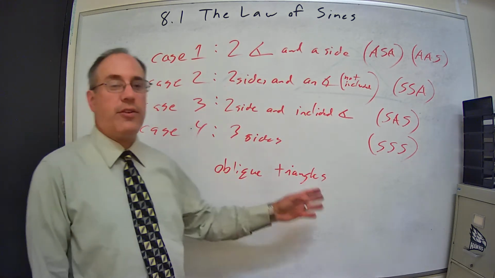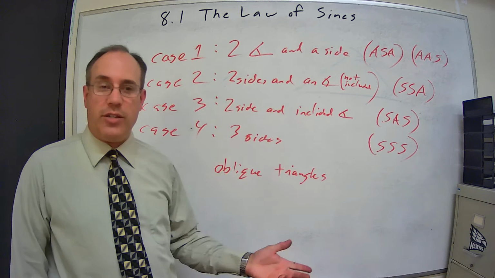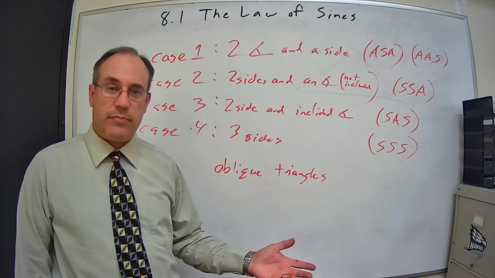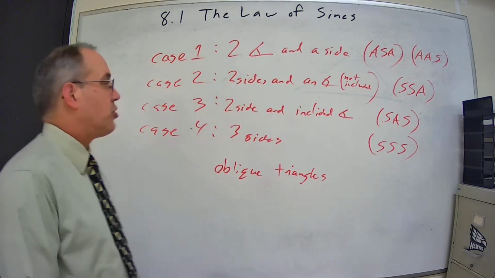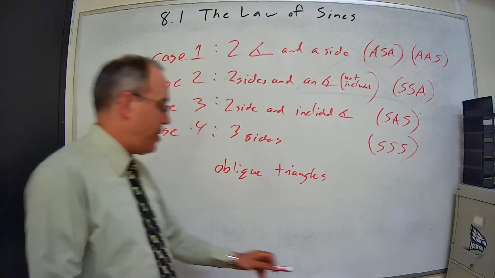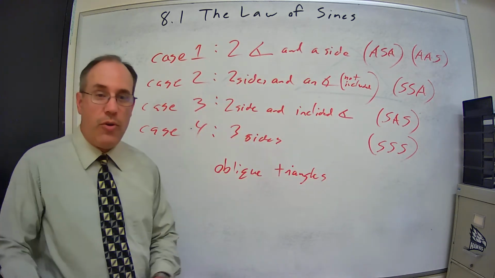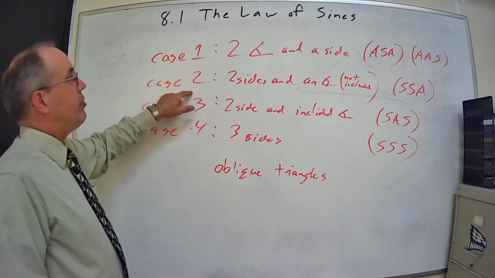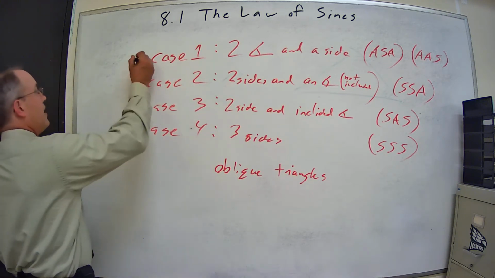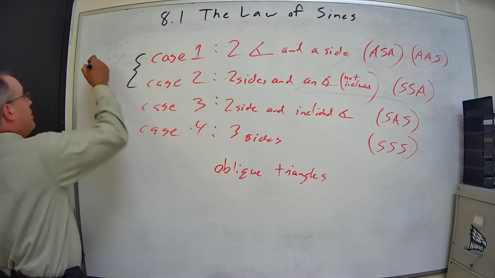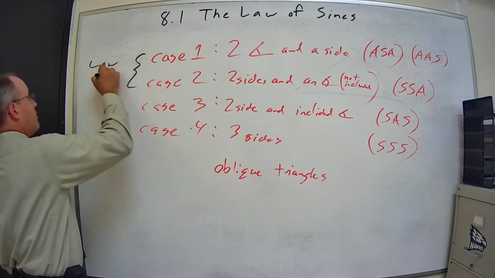So now we don't need to have right triangles. So I want to add another piece of information with this. We've got that, but I want to point out now that cases 1 and 2 will be able to be solved using the law of sines.